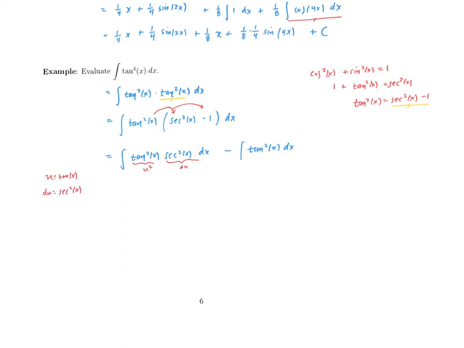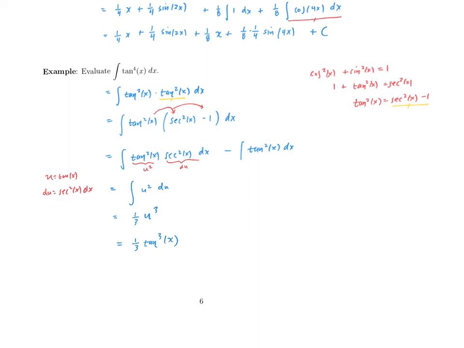So the first part is actually in maybe the best possible form we could hope for. And I'll take care of the first integral, and then we'll come back to the second one. So we anti-differentiate, and then we go ahead and we resubstitute. 1/3 tangent cubed.